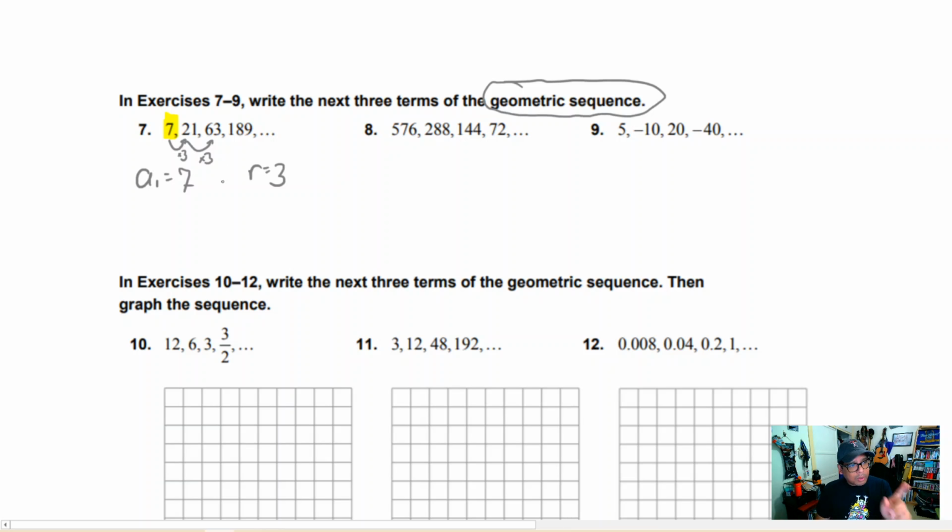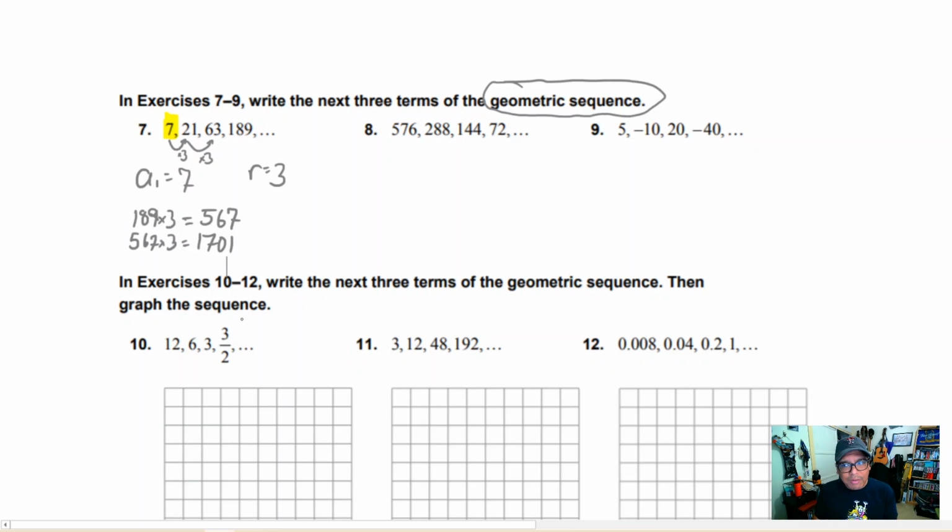So if the rule is multiply by 3 and the last term here is 189, then we're going to put 189 times 3, and we should multiply that. 189 multiplied by 3, that's 567. And then the next one is going to be 567 multiplied by 3.